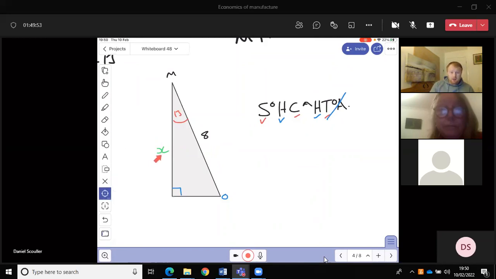That side x touches that angle that we're referring to. We're working with this angle in here. That x is the adjacent because it touches that. So we've got the hypotenuse on one side, and then we've got x on the other. It's touching that, so it's the adjacent.